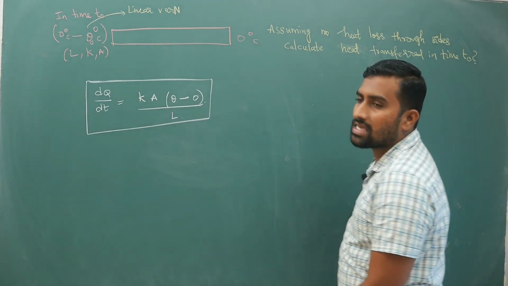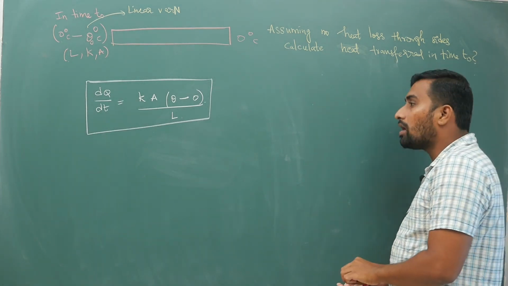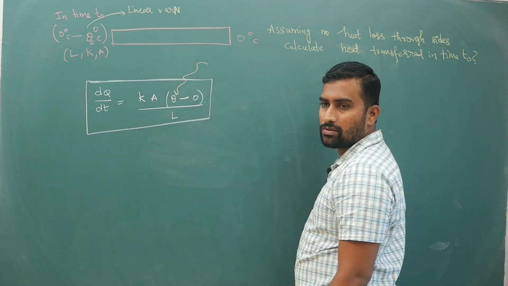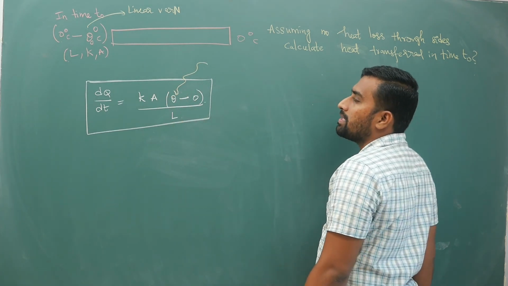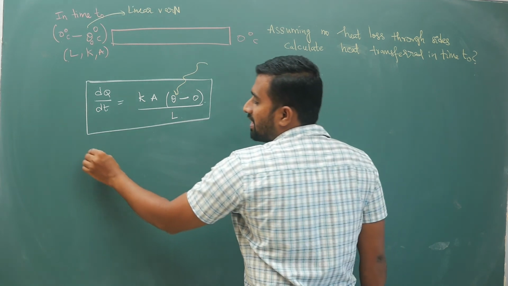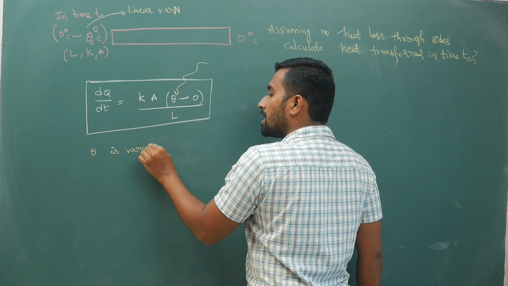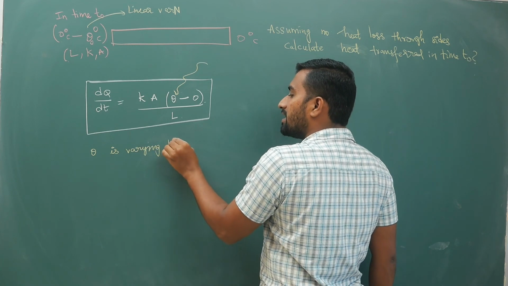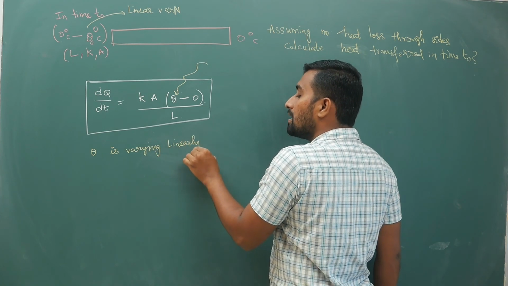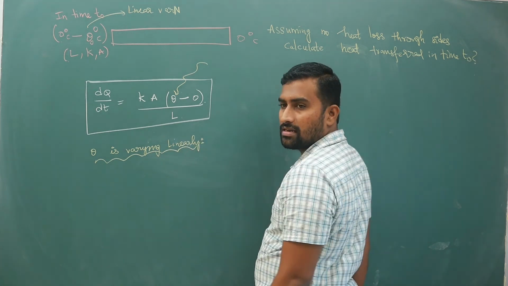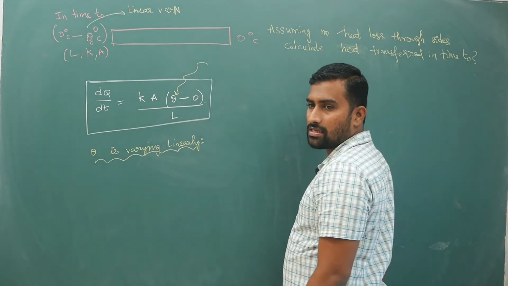Now in this expression, what is changing with respect to time? Your theta is changing with respect to time. How is it changing? It is varying linearly. If theta varies linearly, we should express this theta as a function of time first and then do integration with respect to time.